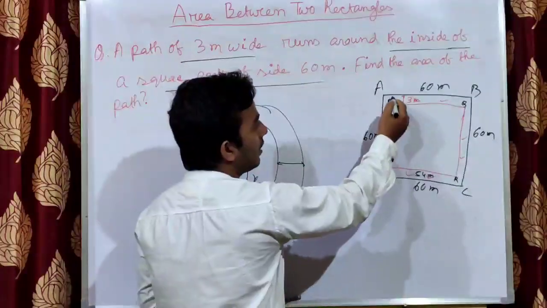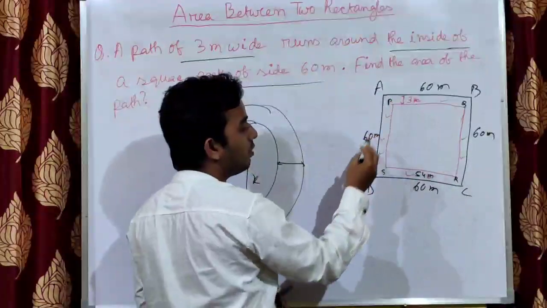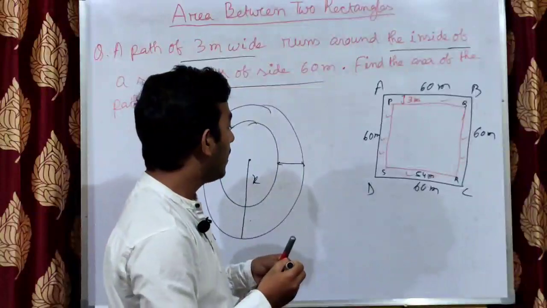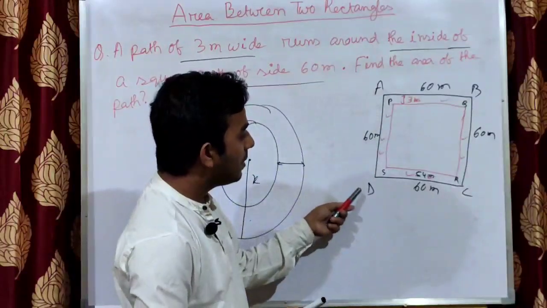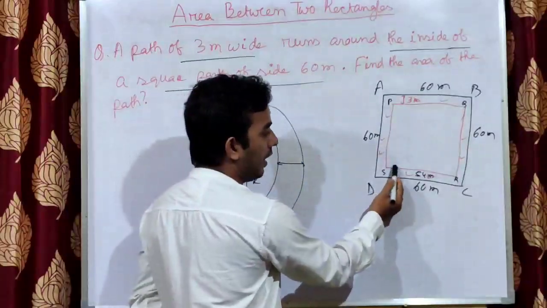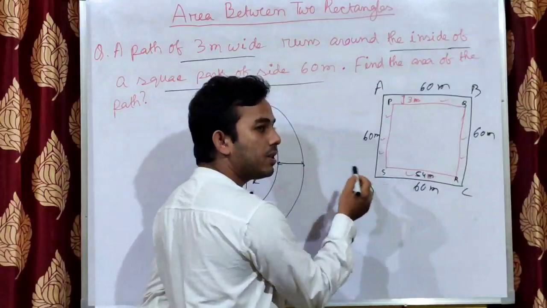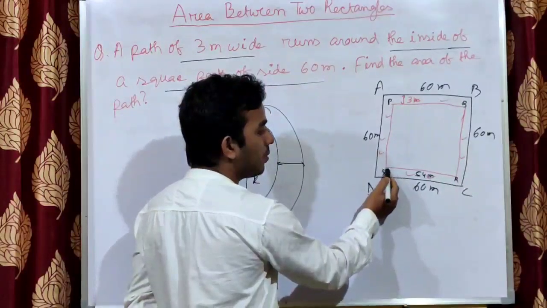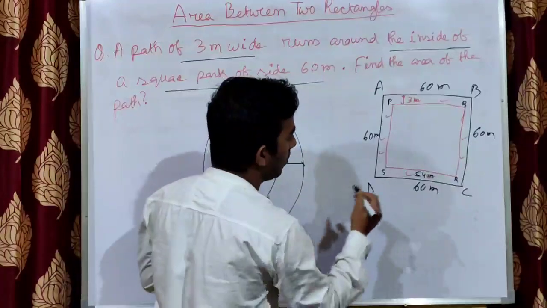Now for this side, that is PS, we have to take reference of AD, right? AD is 60 meter. Now the width of this path is 3 meter, so we have to subtract this part.